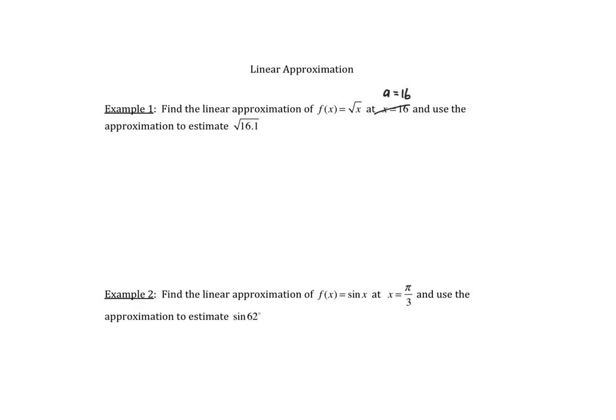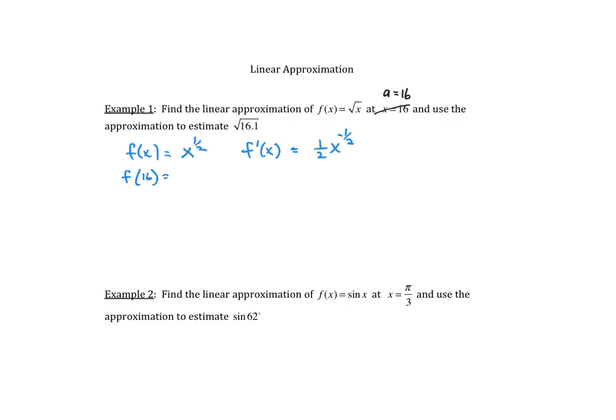I'm going to need a few things. One thing I'm going to need is, I know that my f of x is equal to, let me write this in exponential form instead of radical form, x to the 1/2 power. I'm going to need to also know what f prime is. So f prime of x is going to be equal to 1/2 times x to the negative 1/2. In other words, I just used the power rule on x to the 1/2. So f of a is going to be really f of 16.